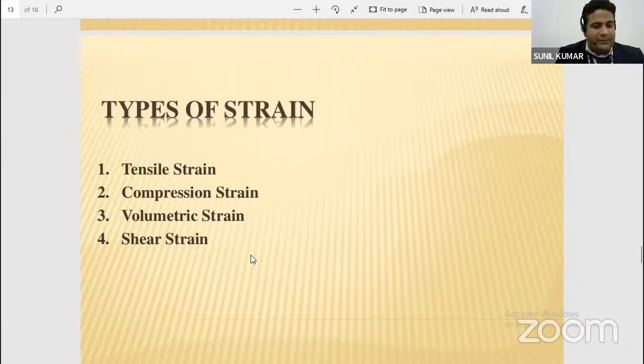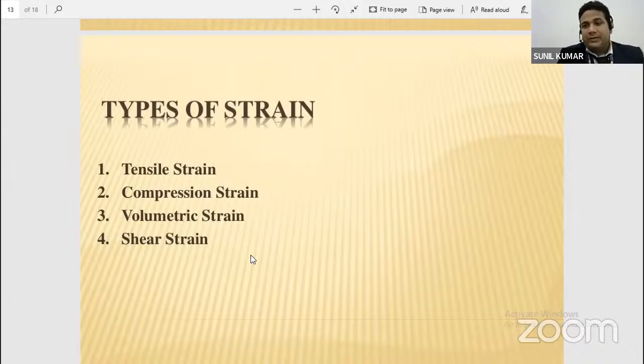That is called shear strain. The exact definition: an element subjected to shear force does not change in length but undergoes changes in shape. So shearing force causes shear deformation.